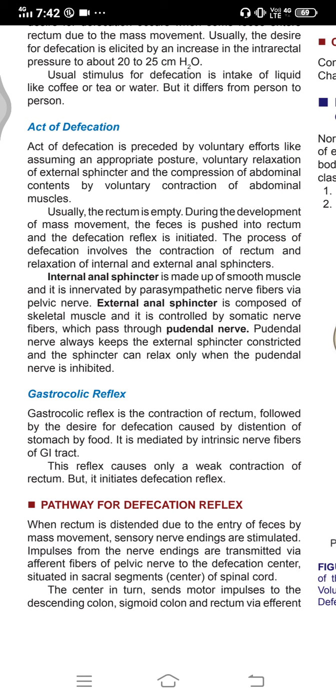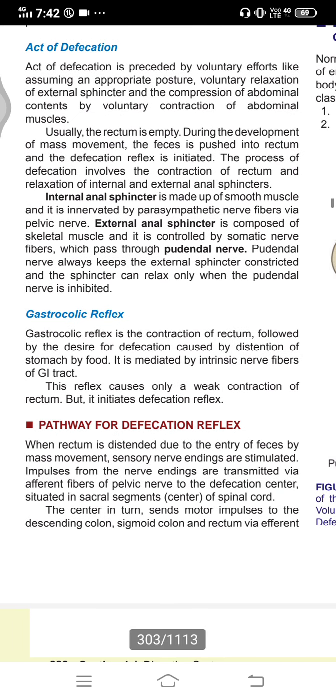The external anal sphincter is composed of skeletal muscle and it is controlled by somatic nerves, that is, it is voluntary, which pass through the pudendal nerve. The pudendal nerve always keeps the external sphincter constricted, and the sphincter can relax only when the pudendal nerve is inhibited.